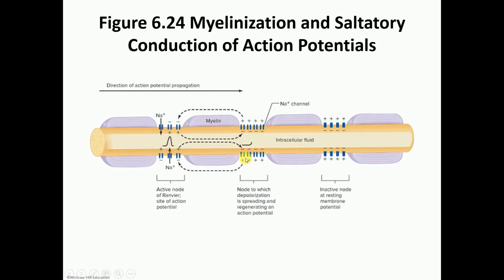This bare area that is not covered with myelin sheath is known as the node of Ranvier. And again, we have these electrical changes jumping from one node of Ranvier to the next. Hence, the myelinization speeds up the conduction of the action potential. The thicker the myelination, the faster the action potential can propagate.